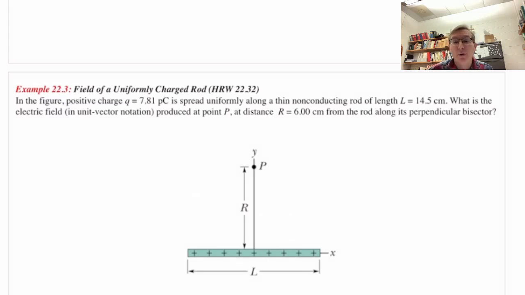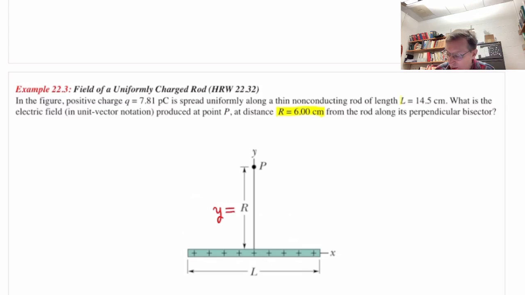Brief reminder of what we did in class on this problem. We wanted to find the electric field on the y-axis, which we see is the perpendicular bisector of the rod, at a point there labeled P, which is some distance from the origin. The problem labels that distance R, but I'm just going to call it Y for right now, although we have a numerical value for R, 6 centimeters.